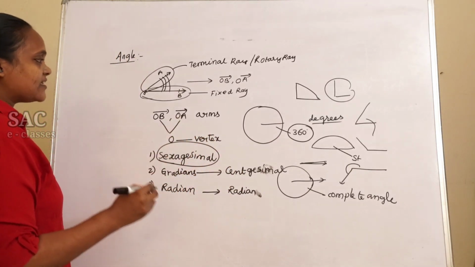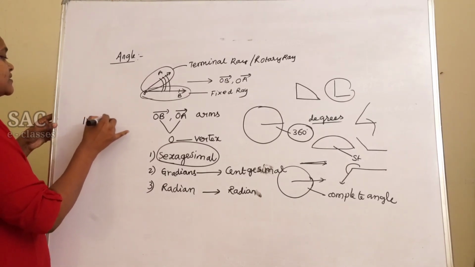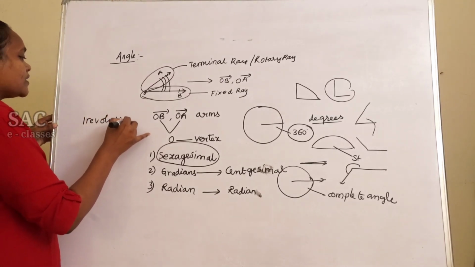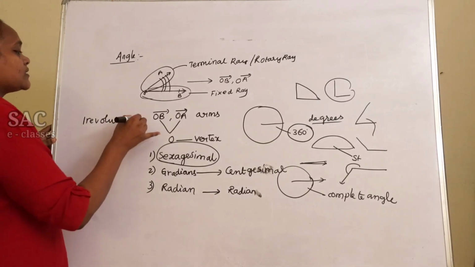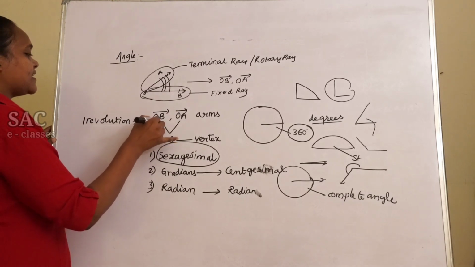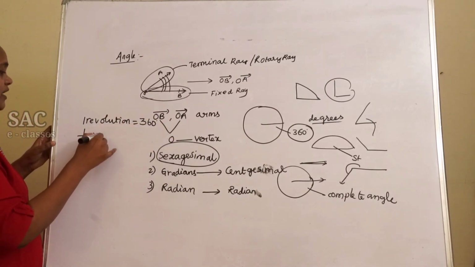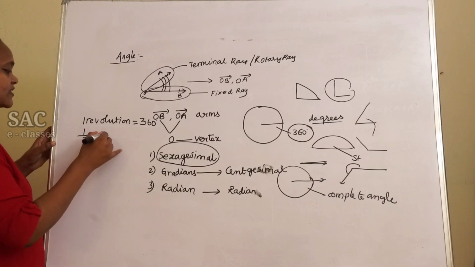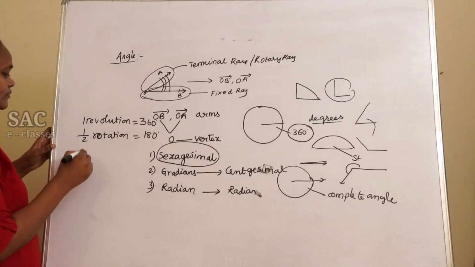In the sexagesimal system, one revolution, our complete rotation, is equal to 360 degrees. Half of the revolution, one half rotation, is 180 degrees.